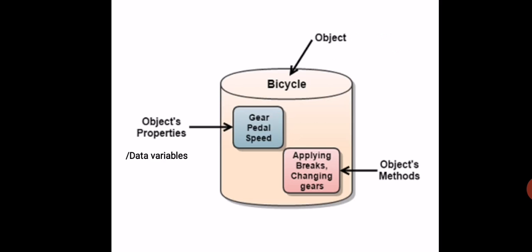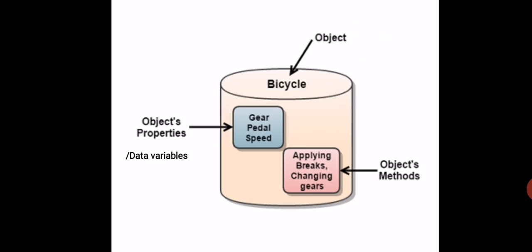The methods represent the actions or operations on the object. So we came to know that an object is a real world entity, and every object contains both state and behavior. It is a collection of both data and methods.